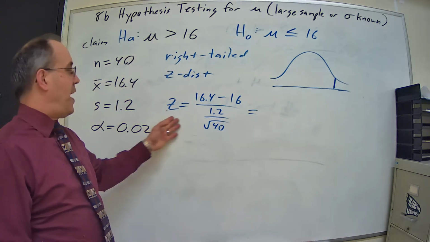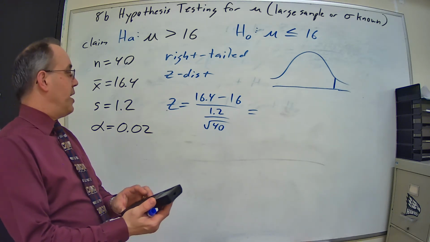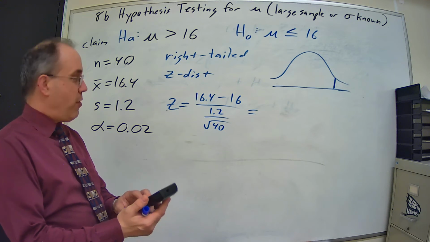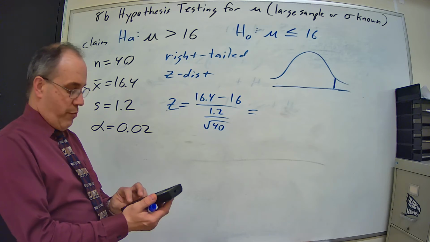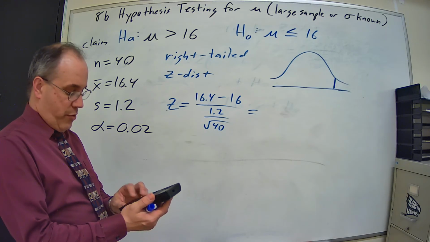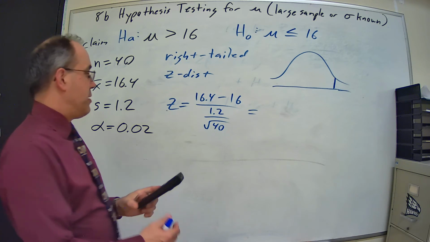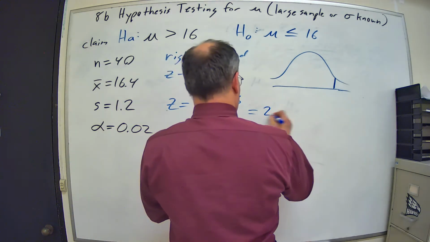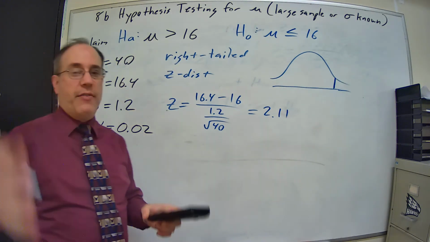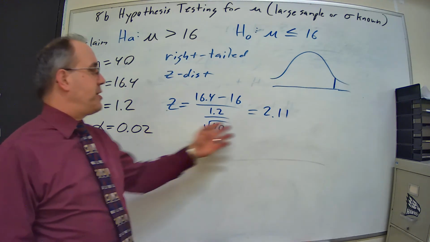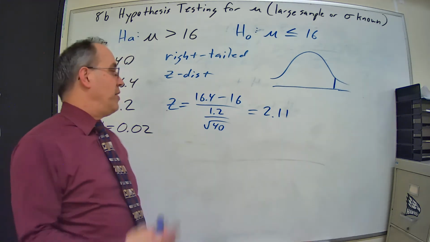So now we can find our z-score. 16.4 minus 16 divided by 1.2 divided by the square root of 40 gives us a z-score of 2.11. I actually came out with 2.108185, but remember that our table only goes to 2 decimal places, so we have a z-score of 2.11.